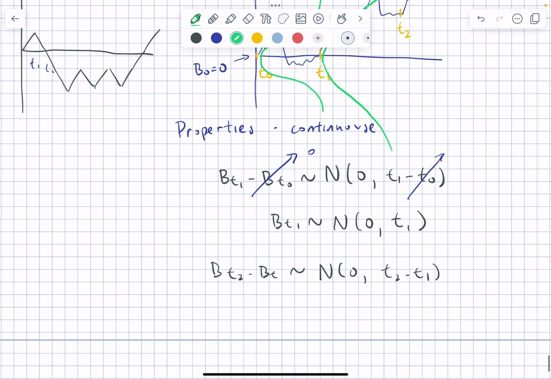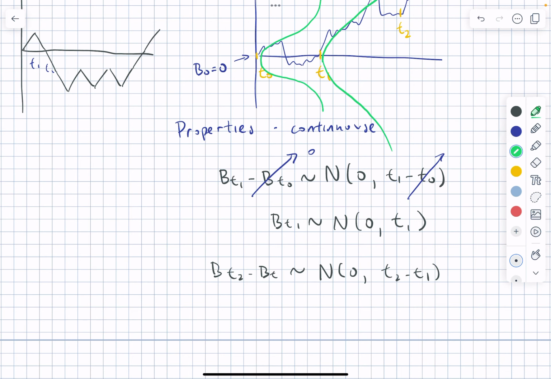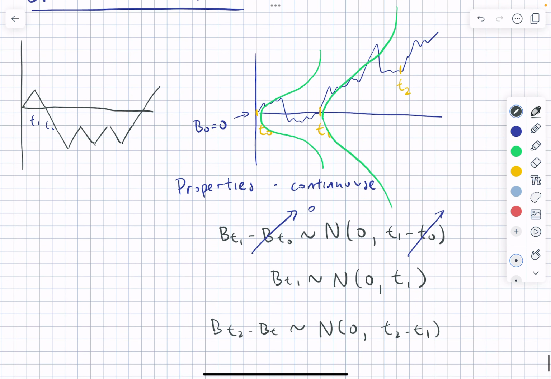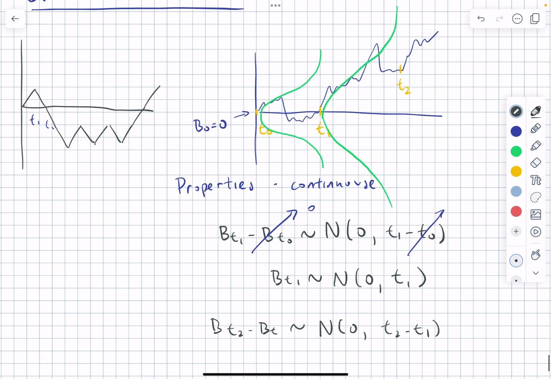This is the main property of a Brownian motion, in that it is normally distributed for every change in time intervals with a mean of 0, so on average it doesn't change, and with a variance of the difference in time, so t1 minus t0 or t2 minus t1.